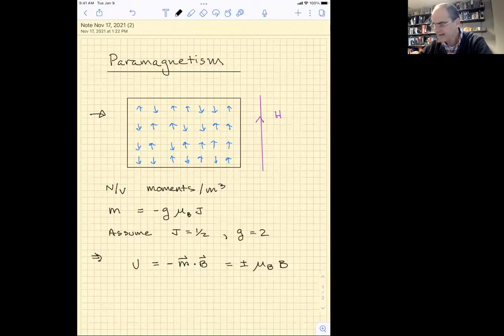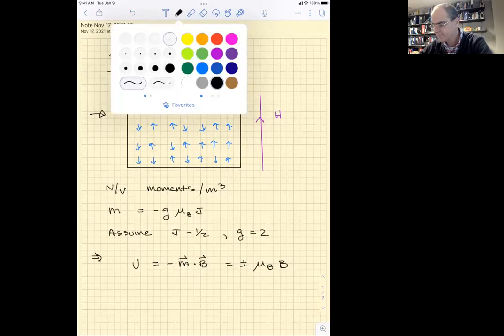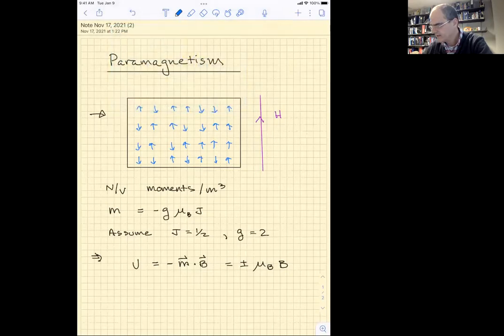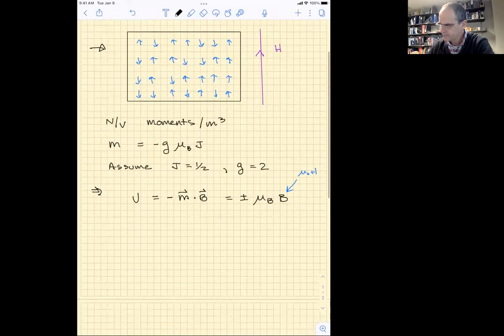Here, the magnetic field we're talking about is the external magnetic field, which we can just take to be mu naught times H. In other words, while our magnetic moment has no magnetic energy in the absence of a magnetic field, when we add a magnetic field, we get two energy states.